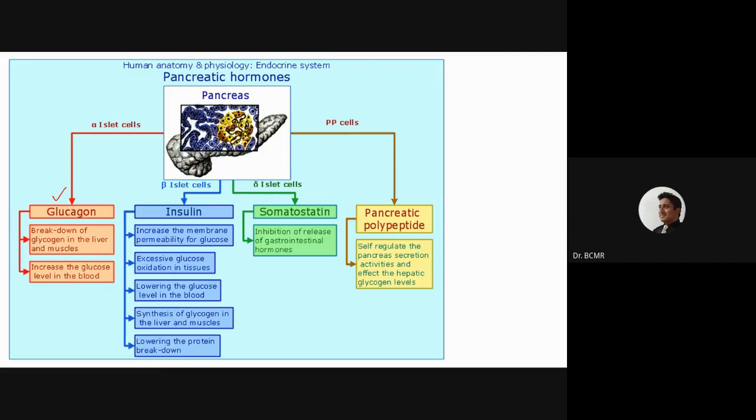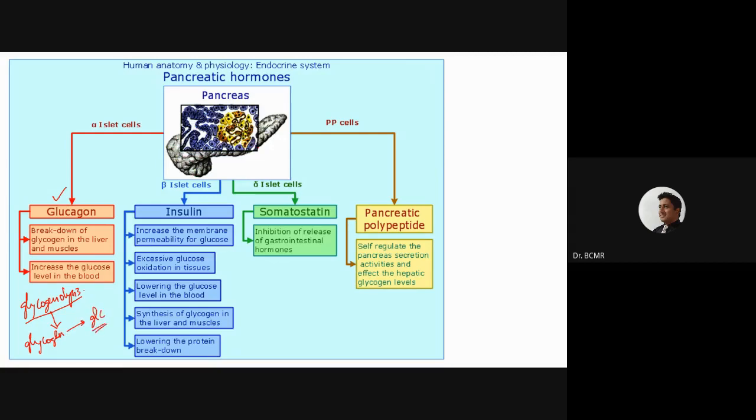Glucagon is important for breakdown of glycogen in liver and muscles. That is called glycogenolysis. And because it results in glycogenolysis, that means glycogen will give glucose.